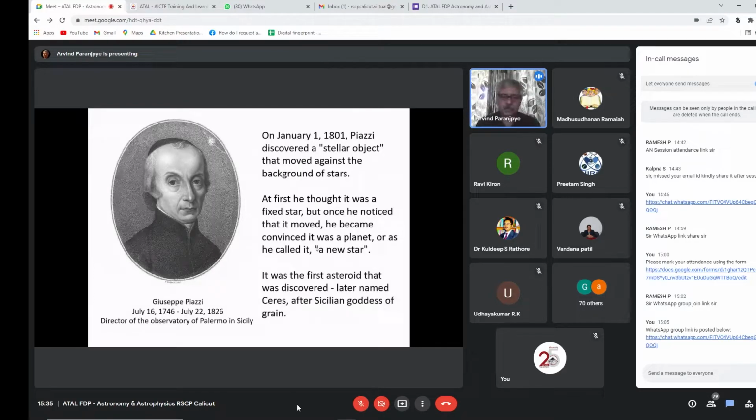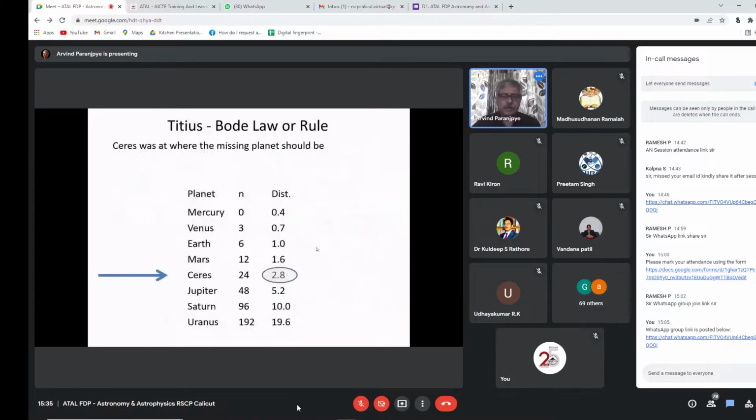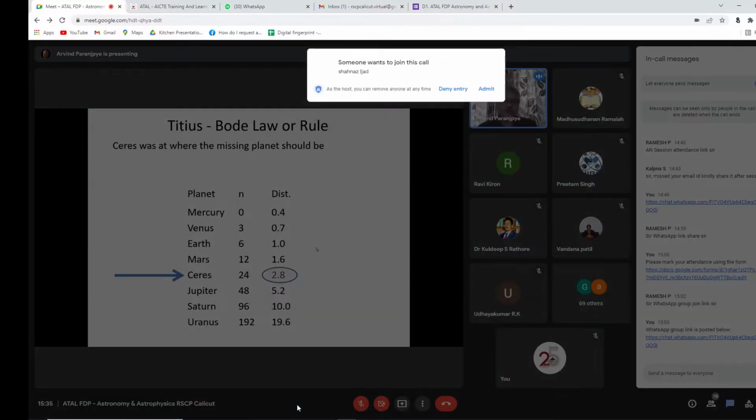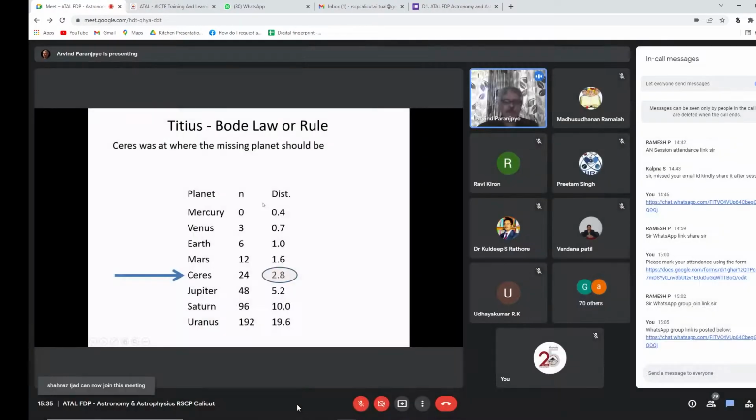Aster means star, as in aster flowers, star-like flowers. So it was called a star-like object, and that is asteroid. As you see here, it fitted exactly into this sequence, and they found that the Titius-Bode law or rule has some kind of physical significance.